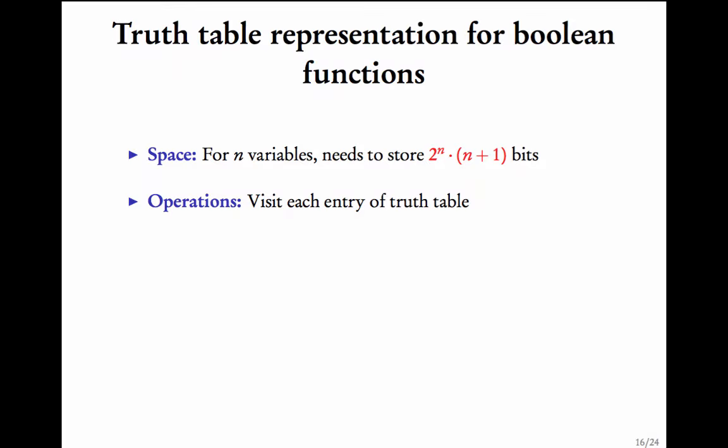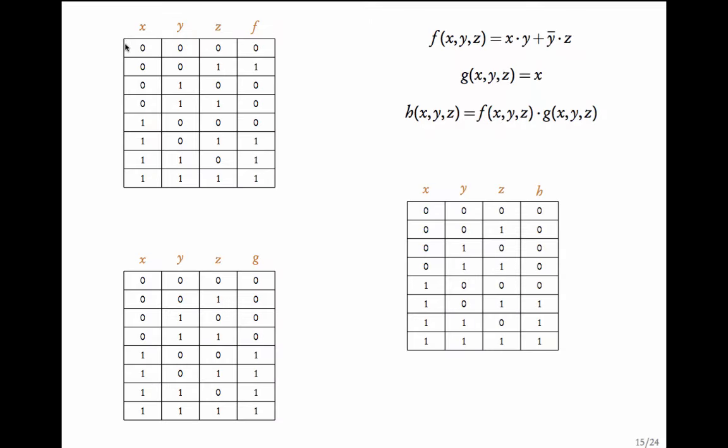What do you need to observe? If you are representing Boolean functions using truth tables, what is the space required? If there are n variables, note that there are 2 power n rows and each row has n plus 1 bits.